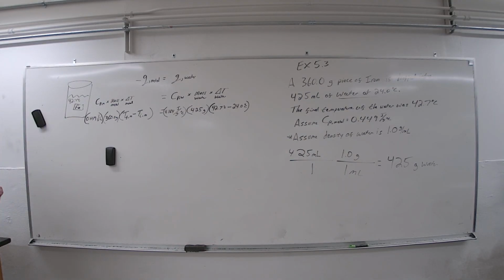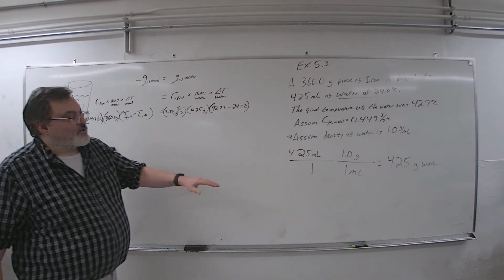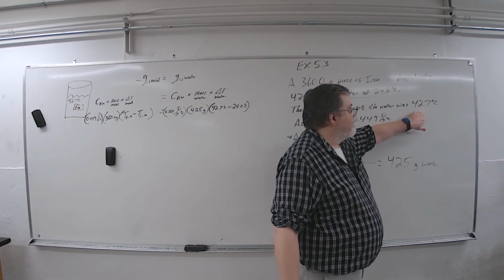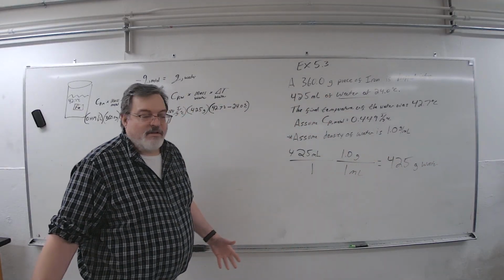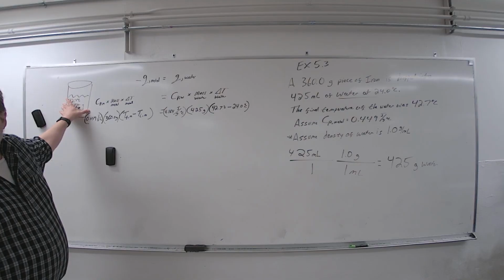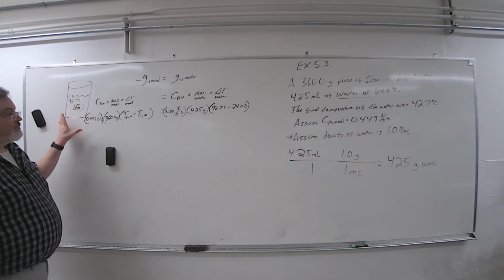Once all the heat is finished flowing out of the metal to the water, and it stops flowing, and we don't see the temperature changing anymore, we go, okay, we're done, our experiment's done, the final temperature is 42.7, it just stays there. Typically, you would do this in what we call a calorimeter, so heat can't escape this chamber.